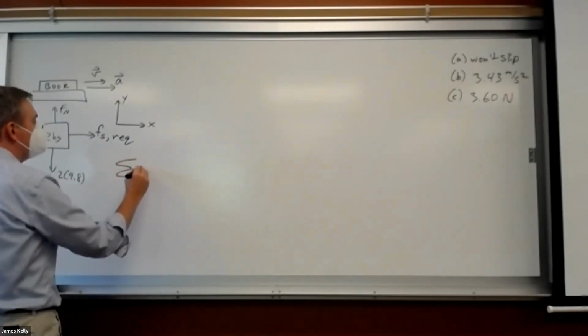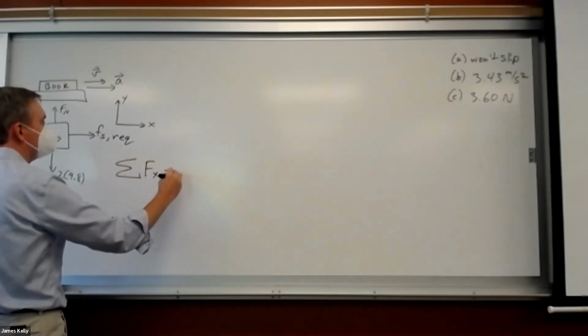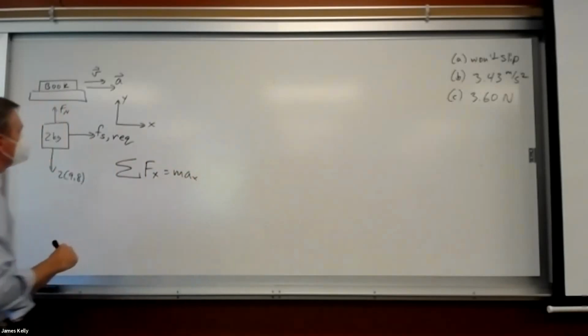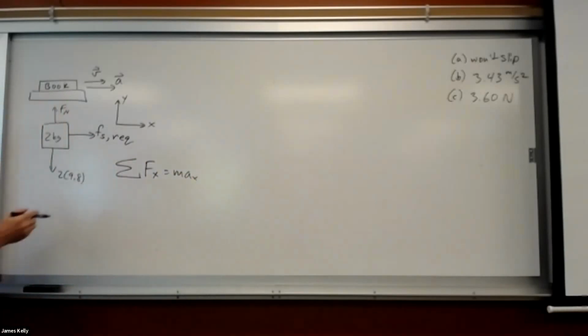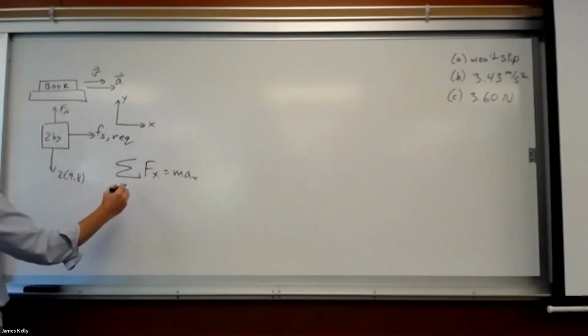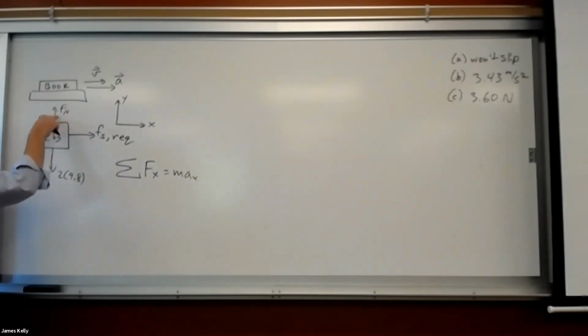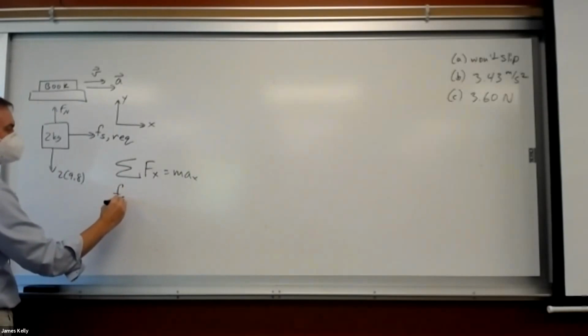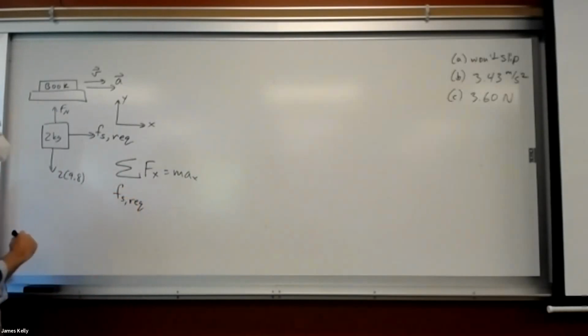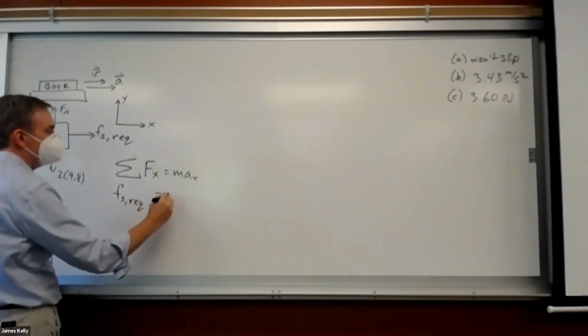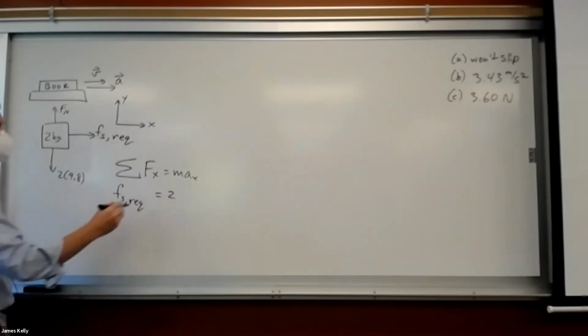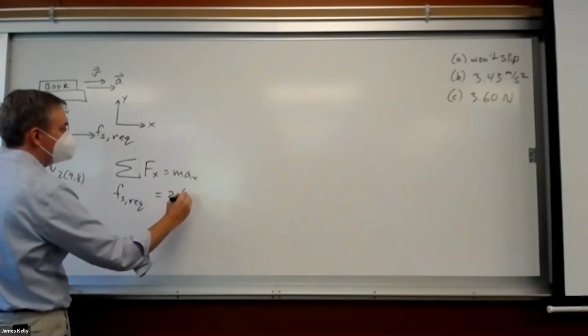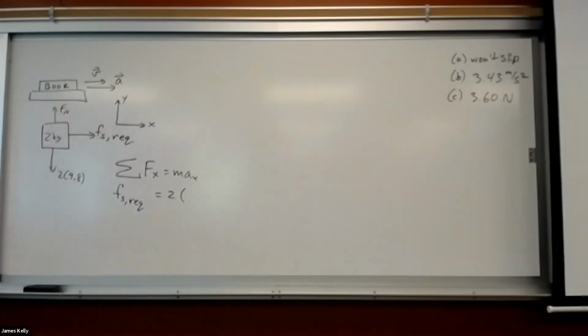The sum of the force x components equals m a_x. The sum of the force x components, well, this has 0 x component. This has 0 x component. That's kind of nice. So it's just whatever the required static friction force magnitude is equal to the mass of the book times the acceleration. And was it 1.3 or 1.8? 1.8.